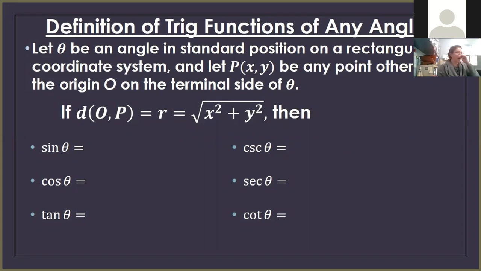If I'm talking about an angle in standard position on the rectangular coordinate system, and there is some point on the terminal side of theta, then the distance from the origin to the point on the terminal side we are going to call R for radius.